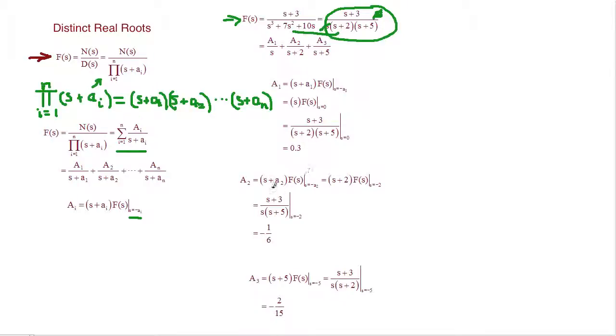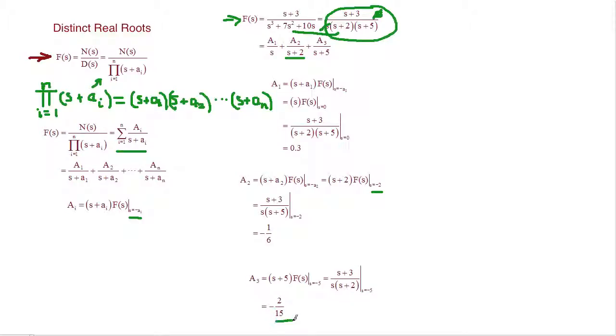Similarly, we can solve for A2. That corresponds to s plus a2, which is s plus 2. So s plus 2 times F(s), evaluated at s equal to negative 2. When we do that, we get negative 1 over 6, and we can solve for A3 to be negative 2 over 15.